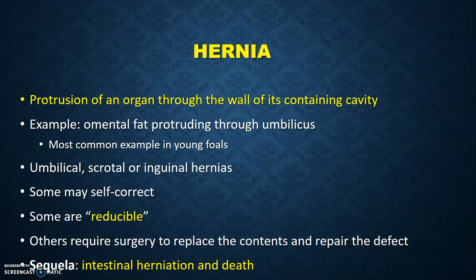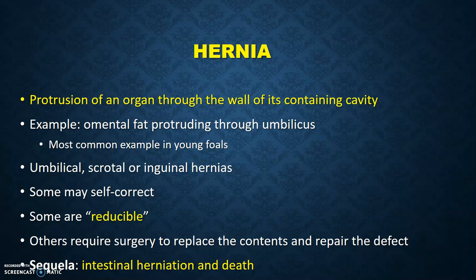Also common in foals can be scrotal or inguinal hernias. Usually the idea is, especially from the pressure of delivery, larger foals can force fat or even intestine through the inguinal ring, inguinal canal, into the actual scrotum.